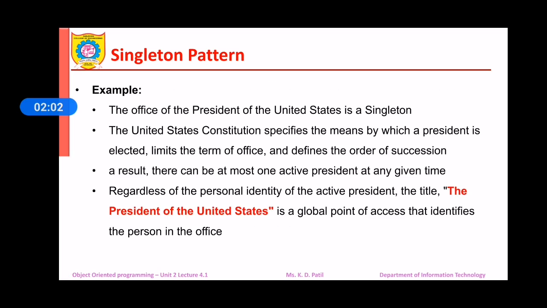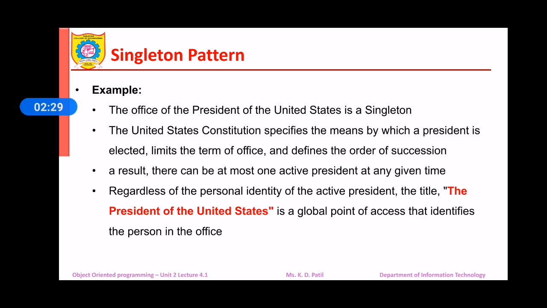Let us take the example of a singleton pattern. The office of the President of the United States is a singleton. The United States Constitution specifies the means by which a president is elected, limits the term of office, and defines the order of succession. As a result, there can be at most one active president at any given time.